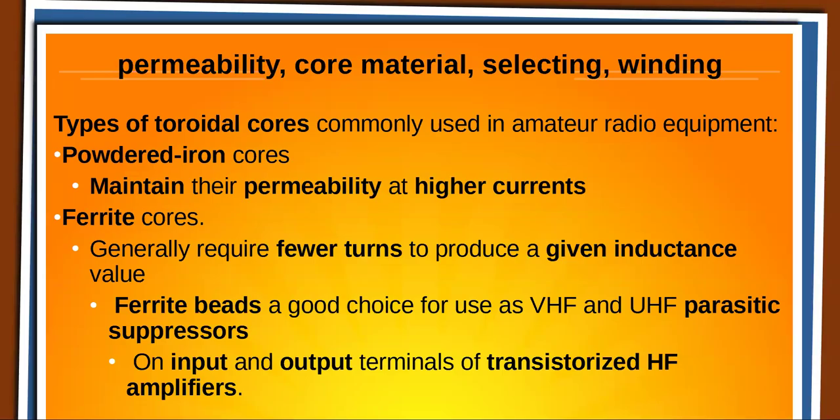Yeah, exactly. Okay, so we talked about the core material. You can have powdered iron. One advantage of powdered iron is it's not as sensitive to temperature. Ferrite is. If you get ferrites above their Curie temperature, they lose their permeability. And depending on how far you go above, it may be permanent.